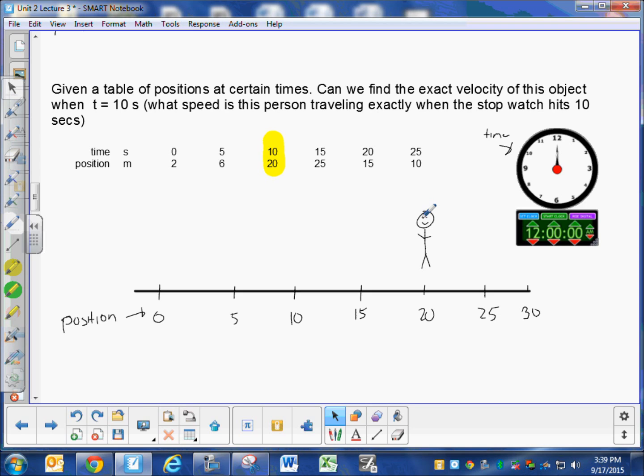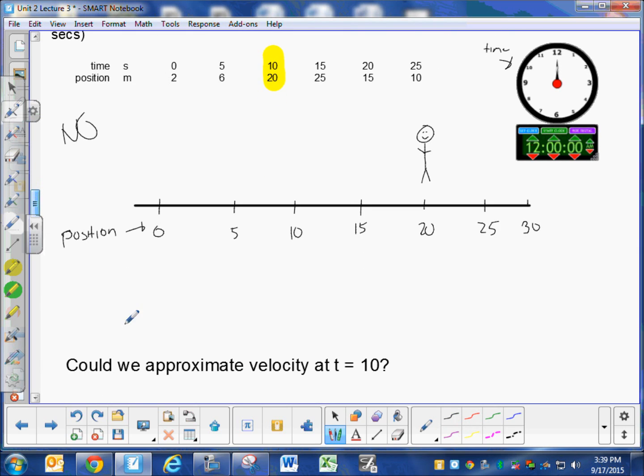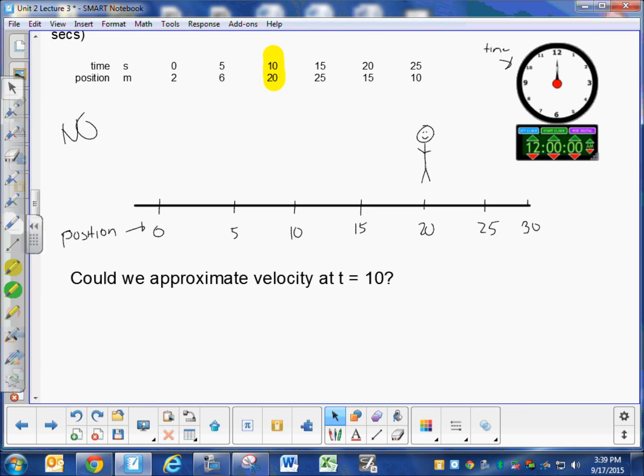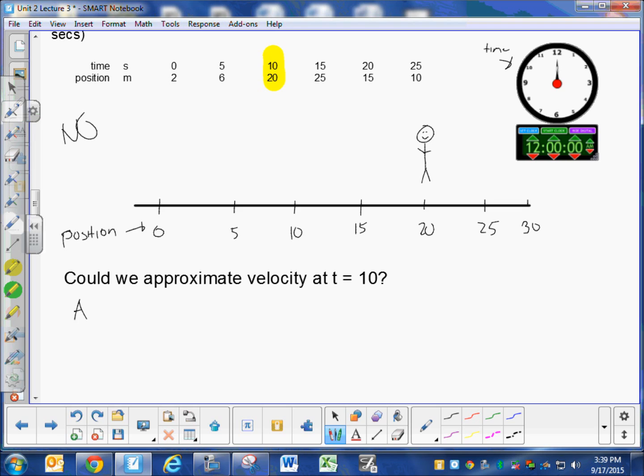Okay? But like I just showed you, so I'm going to say no. Even though I know where I am, this is not telling me what I did before and what after. I'm going to say no. But I could approximate it, right? I could take the average rate of change from maybe the 5th second to the 15th second and say, hey, if my dude moved consistently from the meter mark of 6 to the meter mark of 25, well then that will give me possibly the correct velocity.